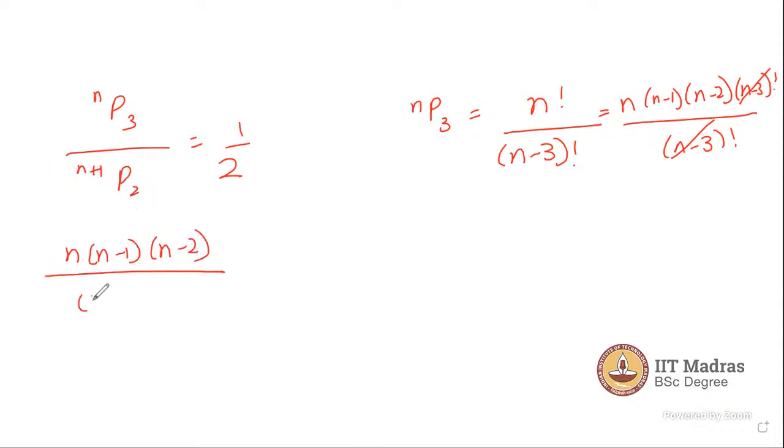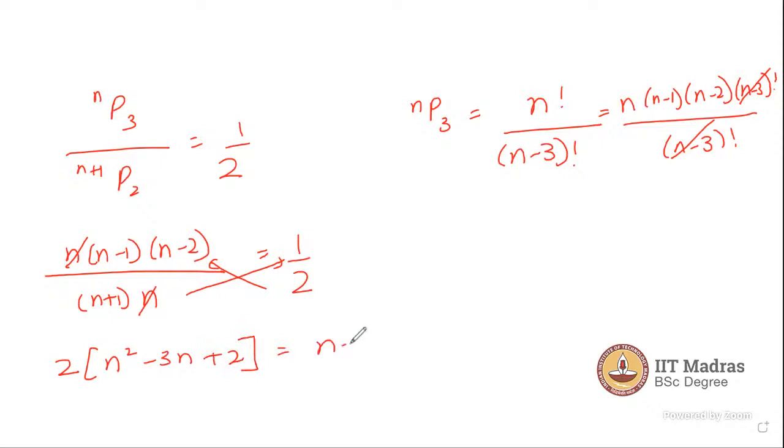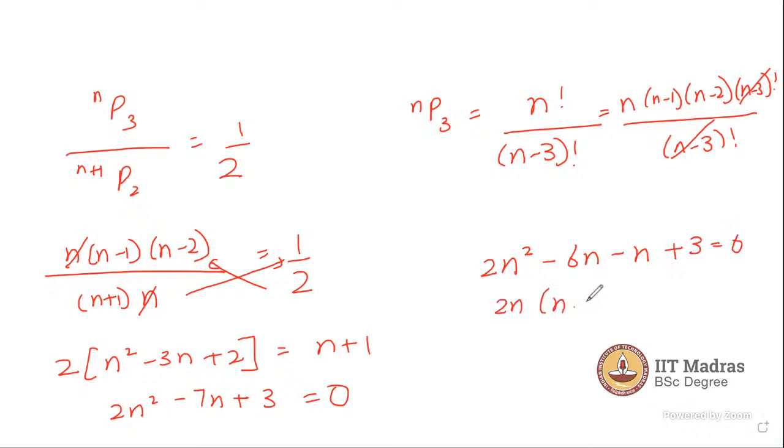Denominator similarly is (n+1) times n. Just 1/2, n gets cancelled. 2 goes here and this goes here, so it's twice of (n square minus 3n plus 2) is equal to n plus 1, right? 2n square minus 7n plus 3 equal to 0, and then you can do it, I think. Minus 6n minus n plus 3 equal to 0. 2n common and minus 3 common.